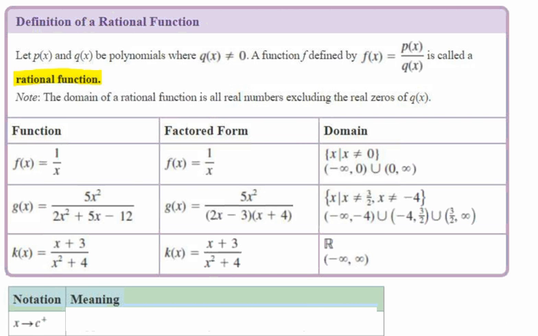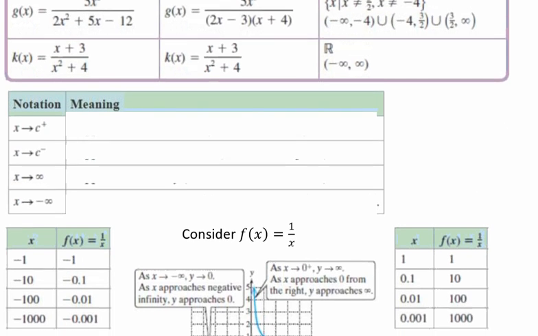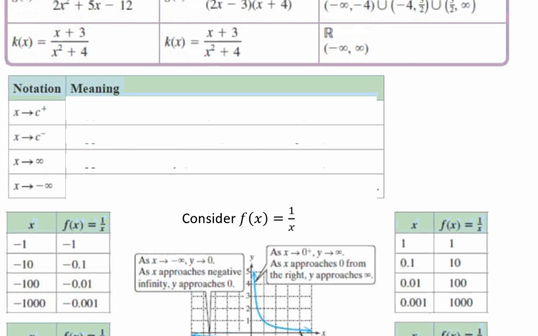Now, as we analyze rational functions, we want to be able to determine the behavior of the function as x approaches infinity or negative infinity, and as x approaches values for which the function is undefined. So let's take a look at some of the notation that we would want to use in that instance. Let's assume that we have a value c that we want to go towards.